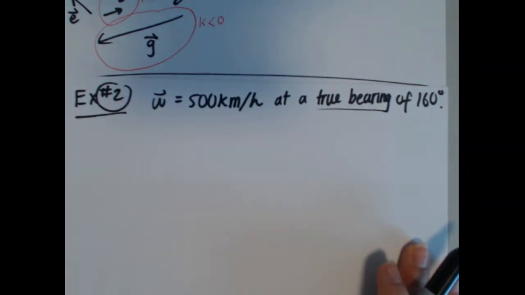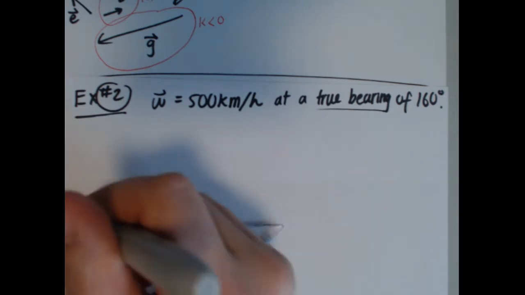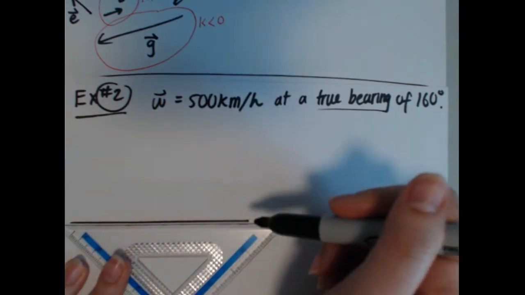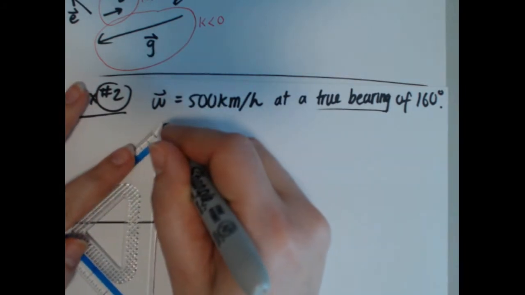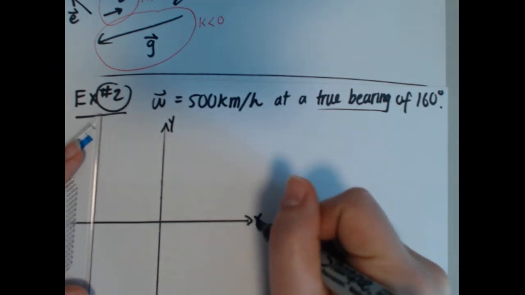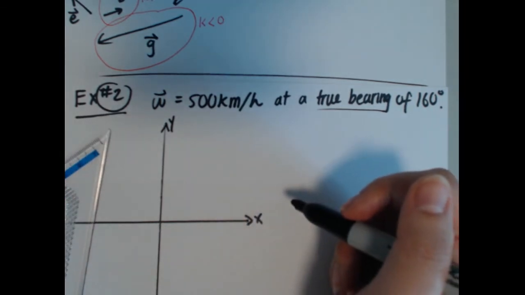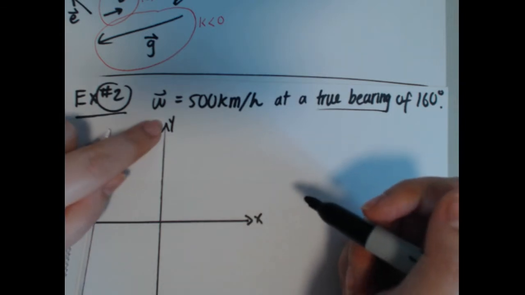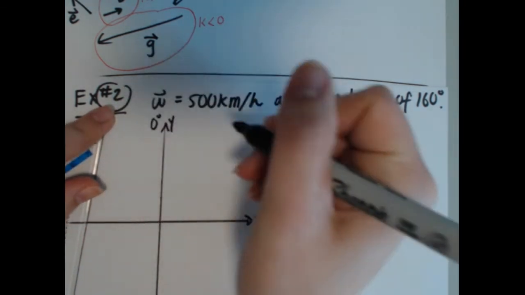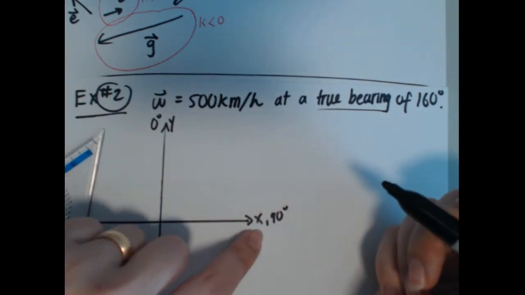I'm going to sketch this first, and then we will address the problem. So I've got my Cartesian coordinate system. There's y, there's x. I've got 500 kilometers per hour at 160 degrees. 0 degrees is up here on the positive y-axis. 90 degrees would be here, so this would be east.